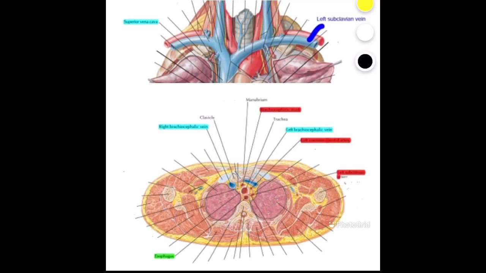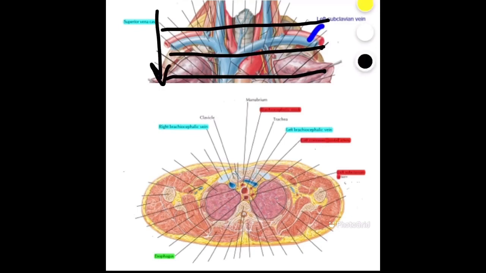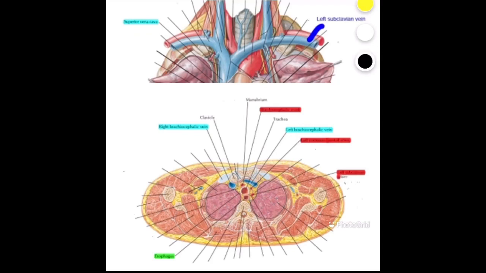Maybe the first section will be here, then the next section here, then the next. So we'll be moving down like that. And we've already studied in the previous slide that this is the anterior side of the patient, this is the posterior, this is the right, and this is the left. Similarly, this is the right and this is the left side of the patient.